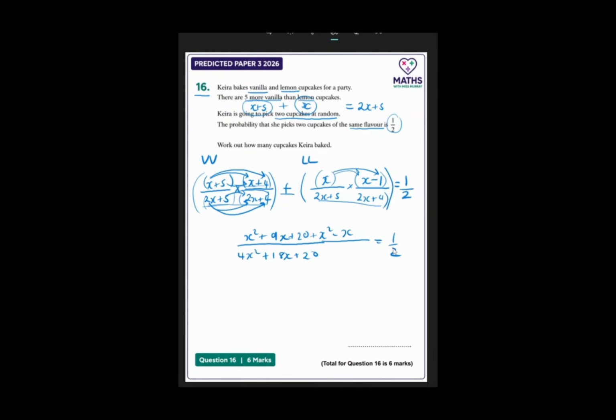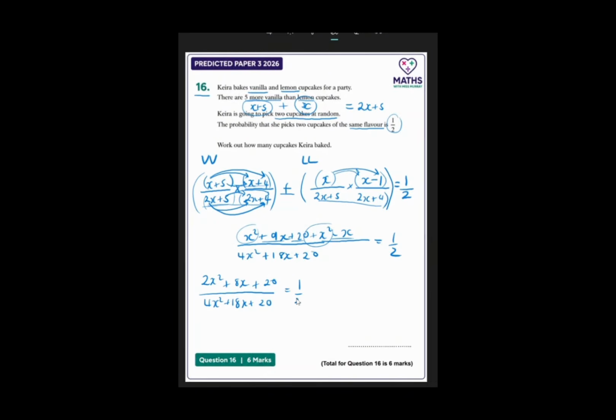So now I'm going to simplify the top here. So I've got x squared and I've got another x squared. So therefore I've got 2x squared. And I've got 9x take 1x, so that's 8x. And then I've got just plus 20. So that's me simplifying the top. And then at the bottom, I've still got 4x squared, add 18x, add 20, and that is all equal to 1/2.